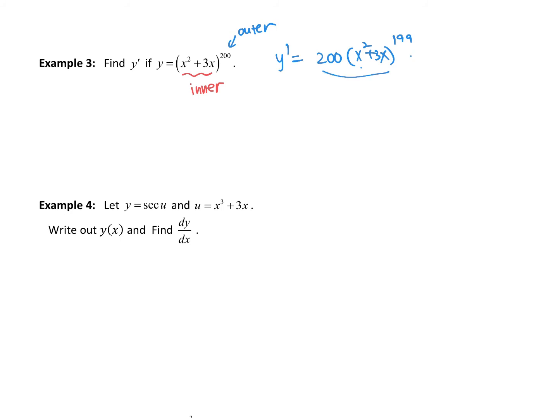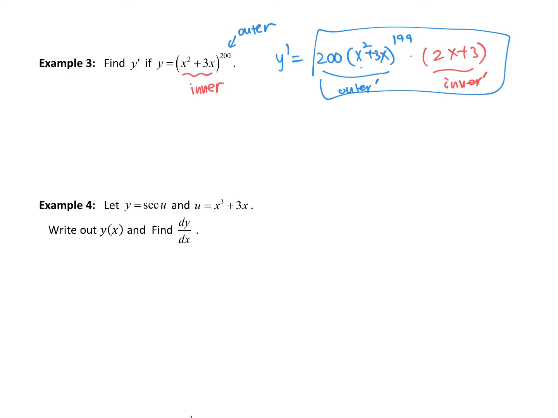So this is the outer derivative, and then the inner derivative is 2x plus 3. Okay. So that's it. It's going to be hard for me to simplify anymore, so this will be my final answer.